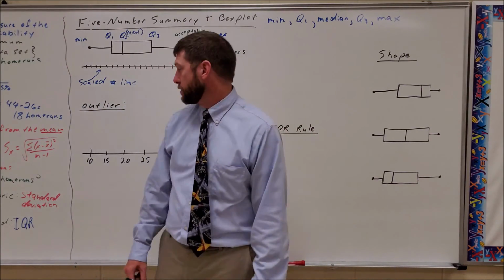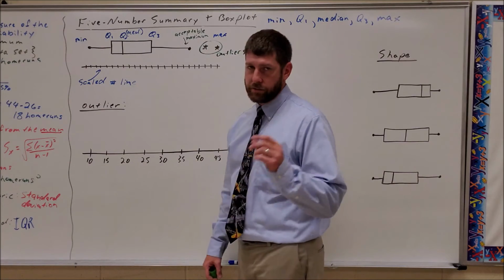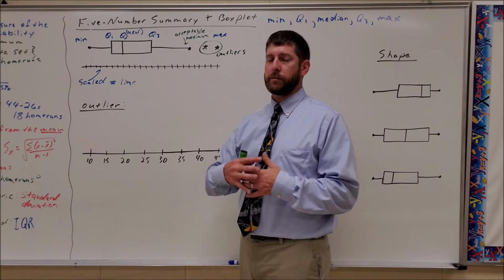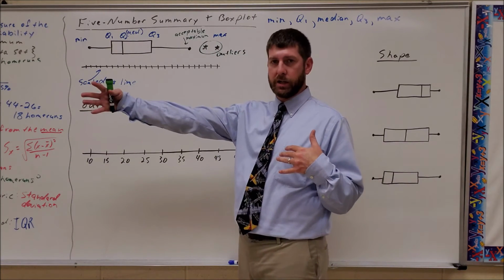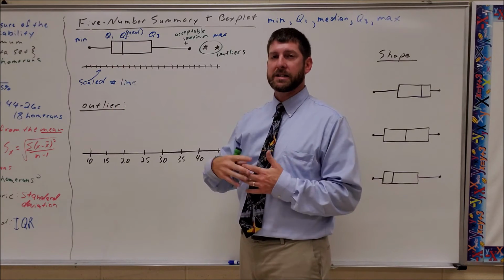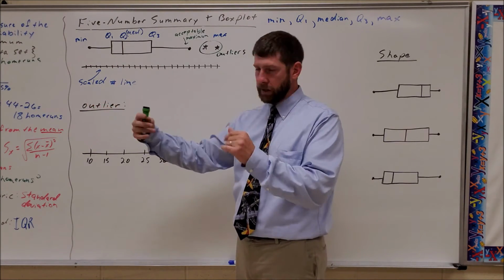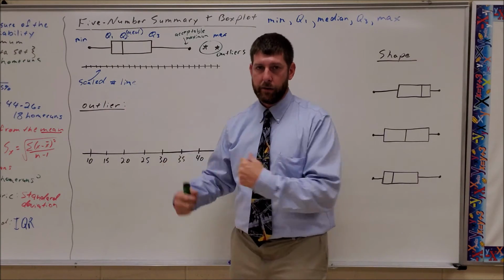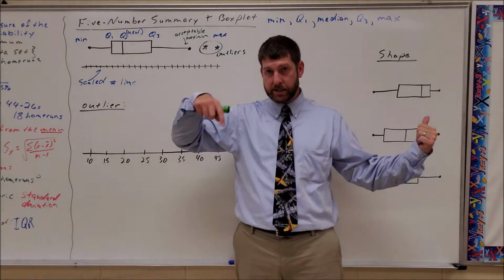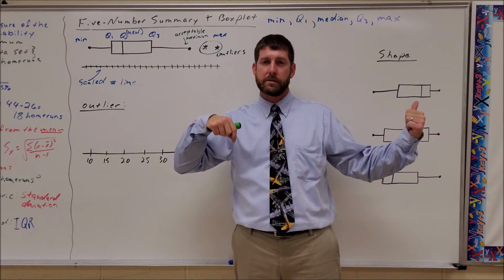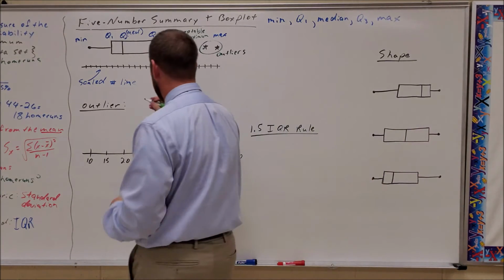So we need to talk about outliers now. An outlier, as we discussed the other day, is not just a number that's far off from the others. What makes it an outlier is that it's deviating from the pattern of the others. Maybe all the other ones are clustered here, and then we've got an outlier sitting out here. Well, he's not clustered with all the other ones. That's what makes him an outlier. He deviates.